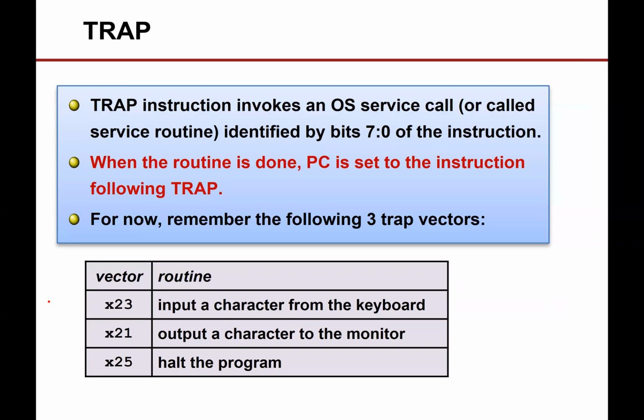Between these two levels, it provides the interface for the interaction. For the trap, the instruction specifies a vector called the trap vector. The trap vector specifies what kind of operating system service to call. This is also called a service routine.